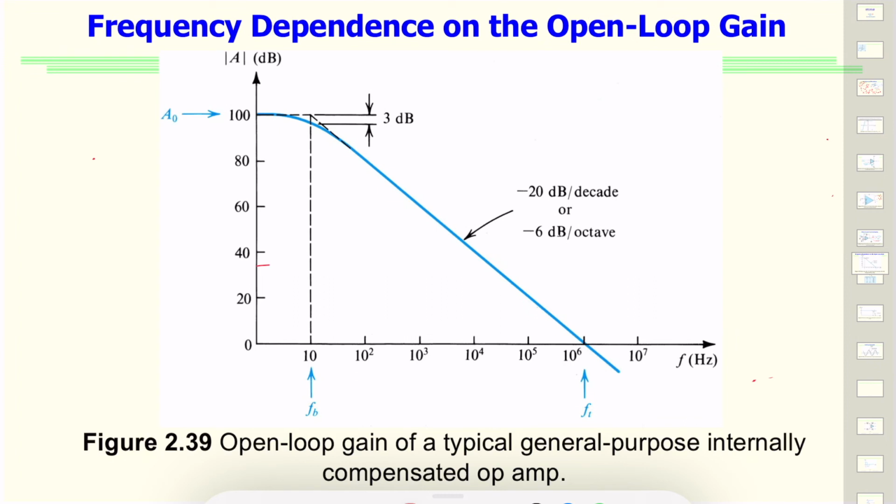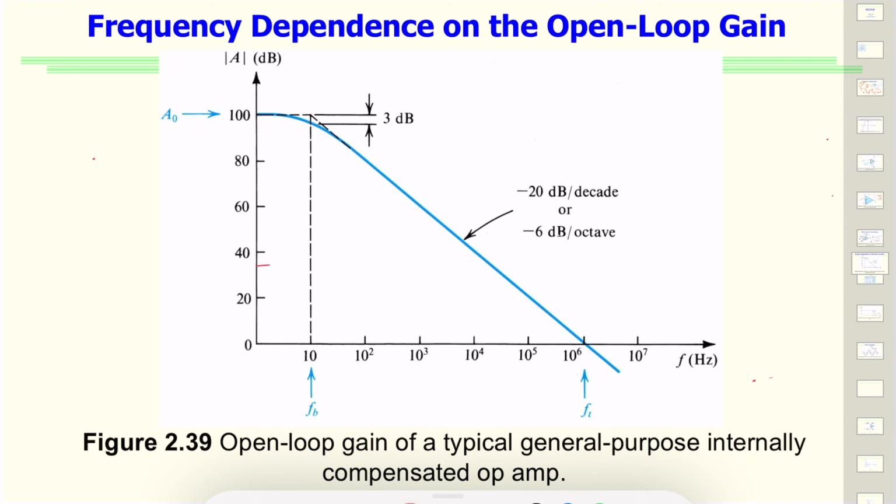Now, the differential open loop gain A of an op amp is not infinite; it decreases with frequency. What this figure shows is the plot for the gain with typical numbers of a general op amp like the popular 741 type.